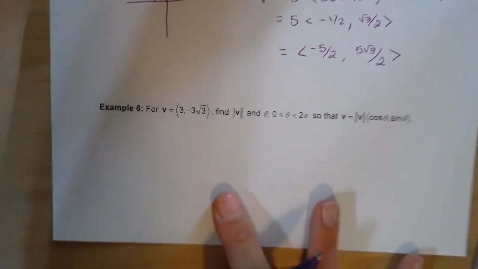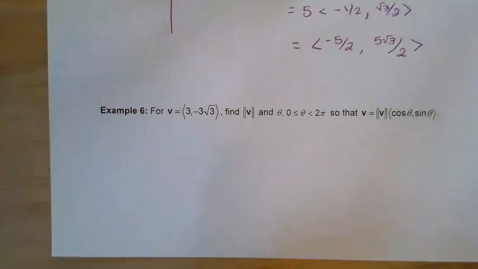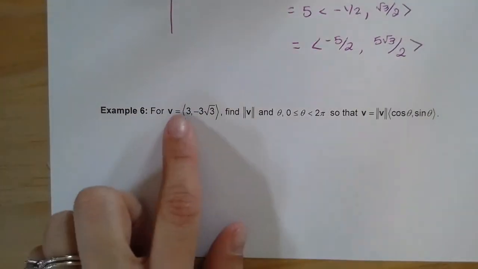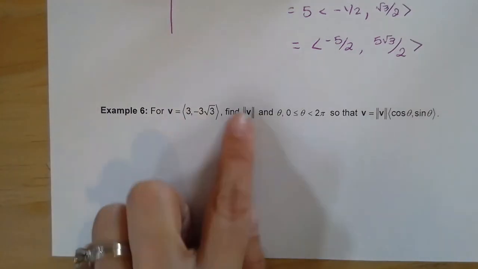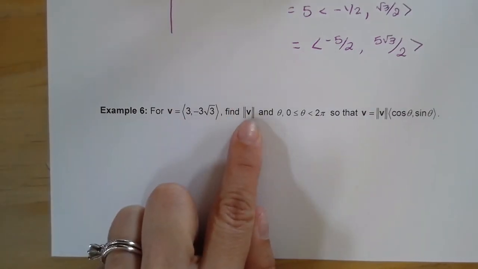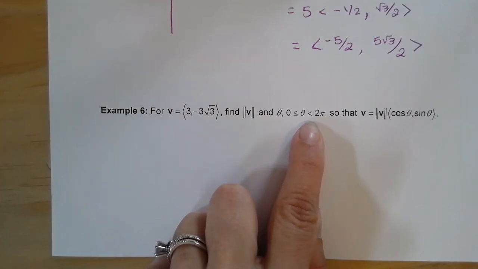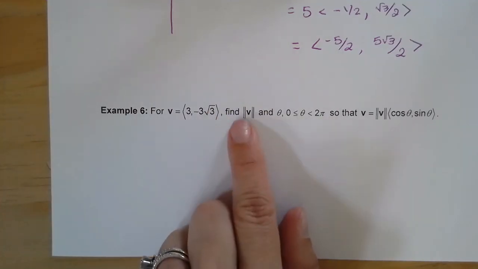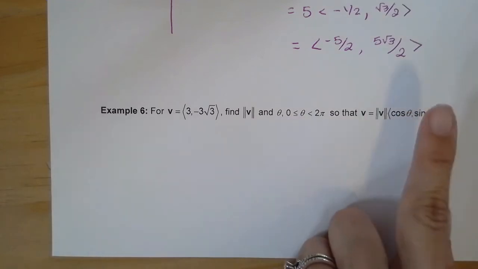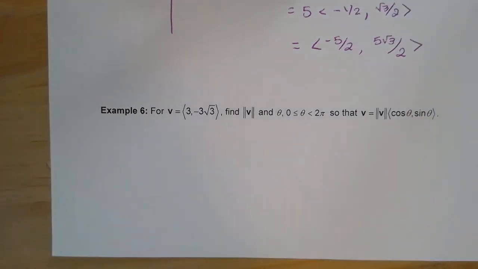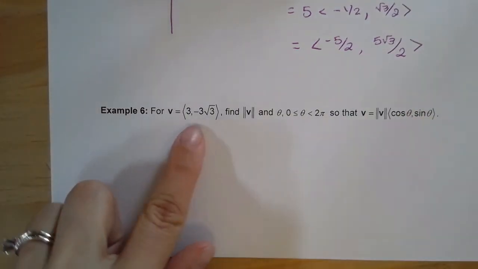All right, example 6. Again, let's look at what we have and what we need to find. For vector v, we're finding the magnitude and theta. Once we find the magnitude and theta, we're going to put it in this form. So all we have right now is this.